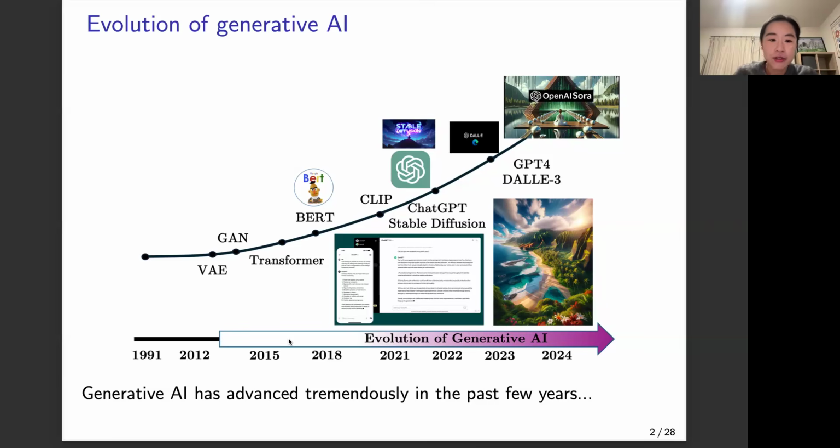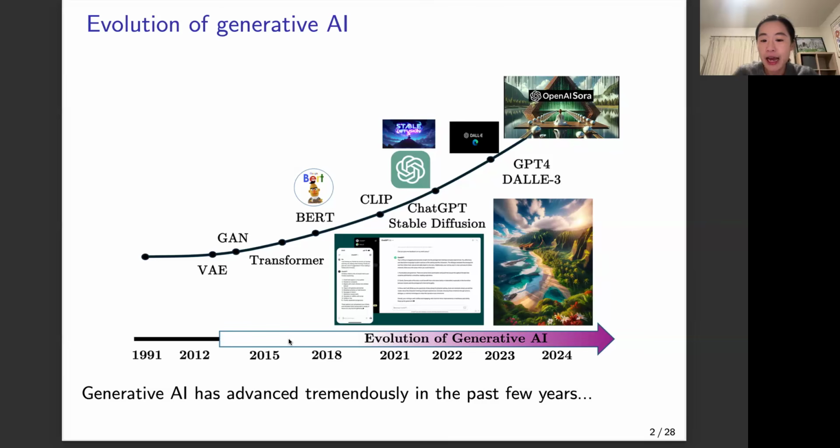And then the Transformer came in the past 5 years. We've seen a lot of successful applications at large scale. For example, ChatGPT that we all use for daily work and life, and also DALL-E 3 for video generation and so on. So this huge wave of generative AI has changed a lot of things at work.